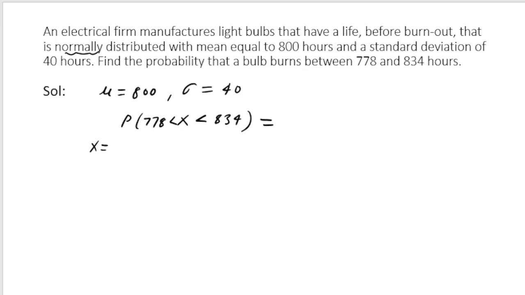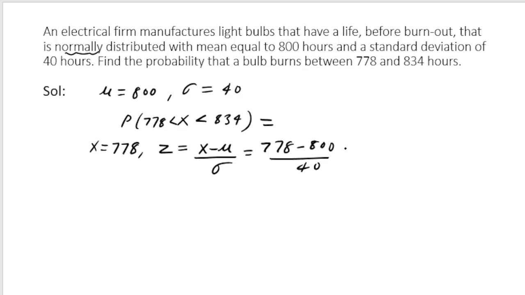If x is equal to 778, what is z? z is equal to x minus mu divided by sigma. So that is 778 minus 800 divided by sigma, which is 40. If you do this calculation, you will get minus 0.55.